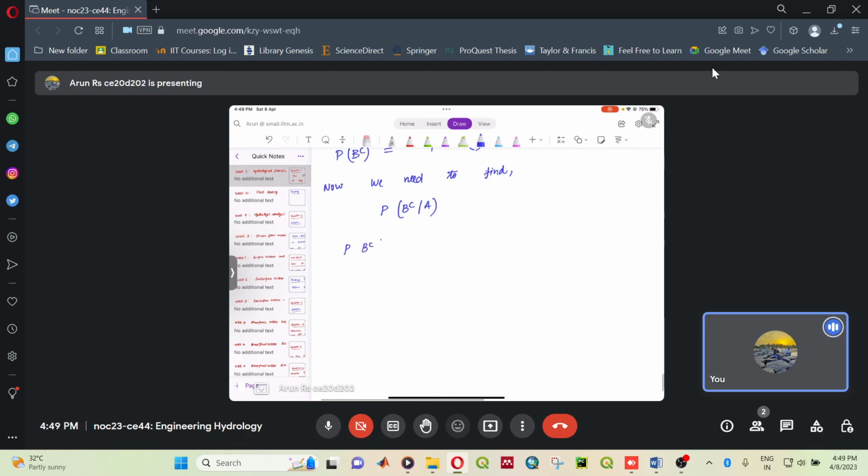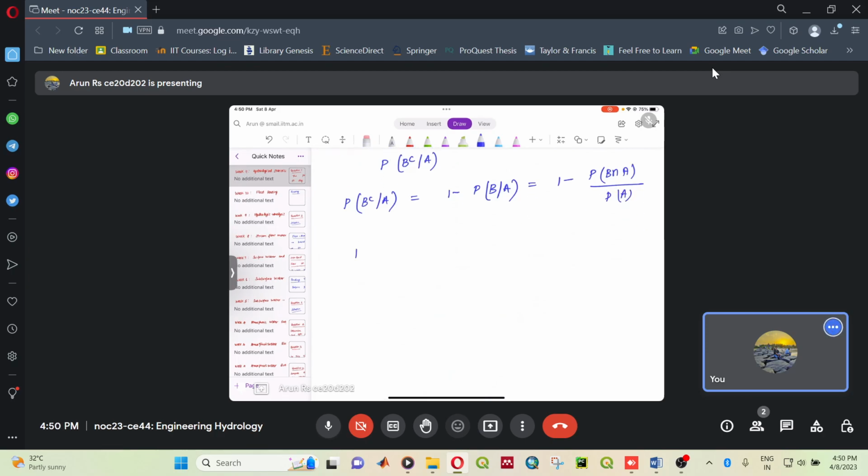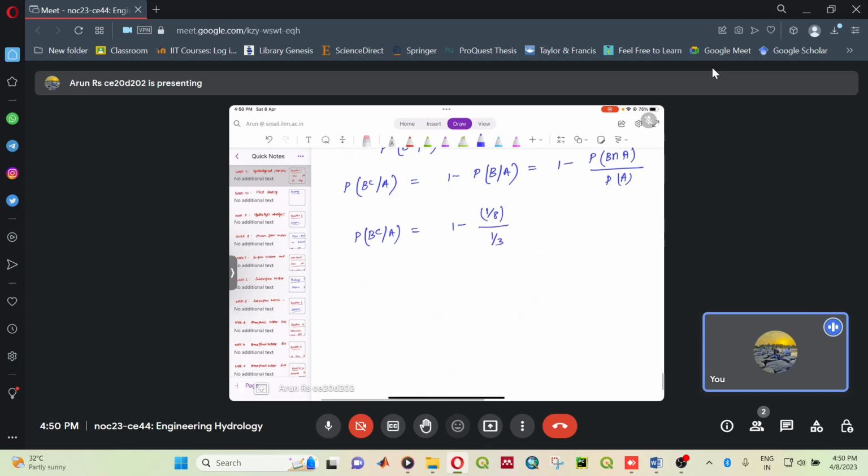So we can find out probability of B complement given A. This can also be written as 1 minus probability of B given A. If we simplify further, 1 minus probability of B intersection A divided by probability of A. Probability of B intersection A is rainfall occurring consecutively on both the days, that is given as 0.125, which is nothing but 1 by 8, divided by probability of A we found as 1 by 3.